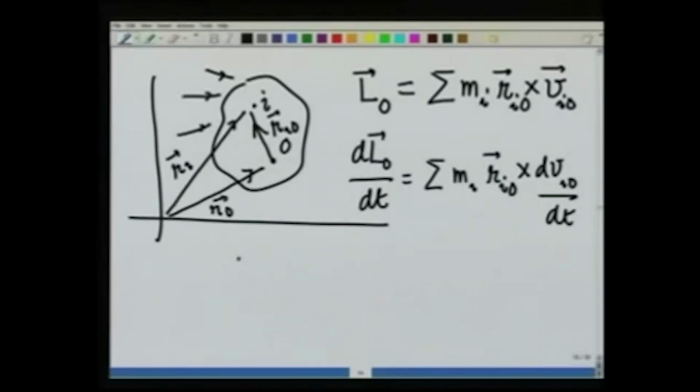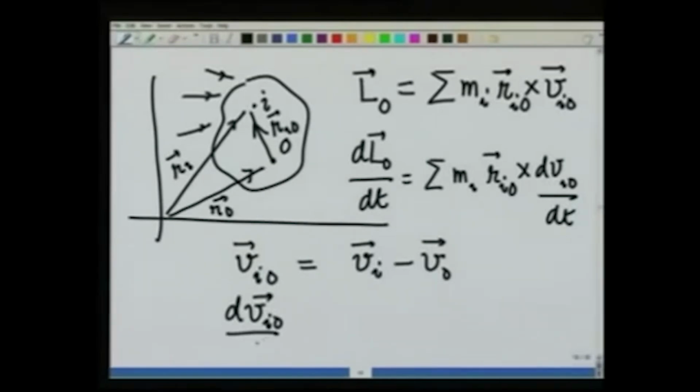Now, v_i with respect to O is nothing but velocity of ith point with respect to outside point minus velocity of O, and therefore dv_iO/dt is going to be equal to dv_i/dt with respect to outside point minus dv_O/dt.